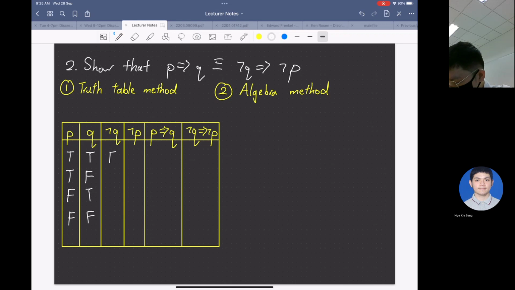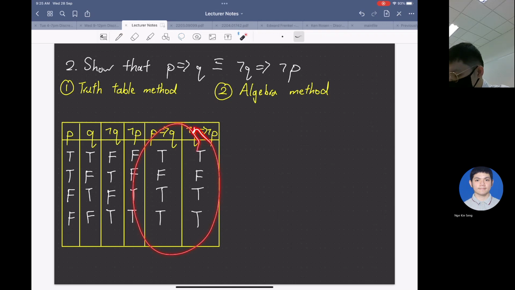So not Q is false, true, false, true. Not P is... P implies Q is false, true. Not Q implies not P is false, true, true. So they have the same truth values.